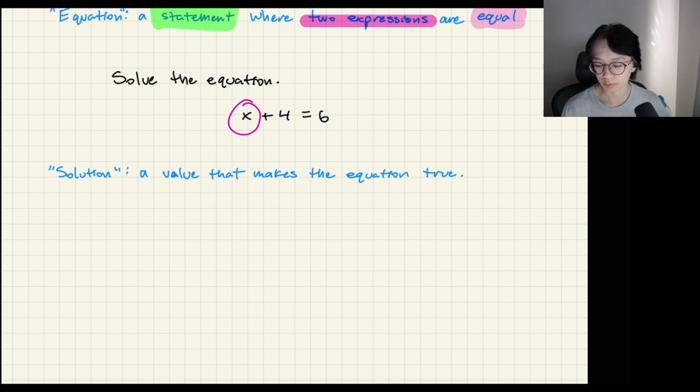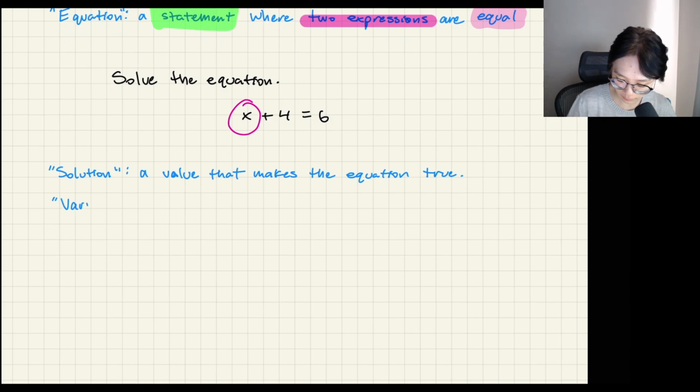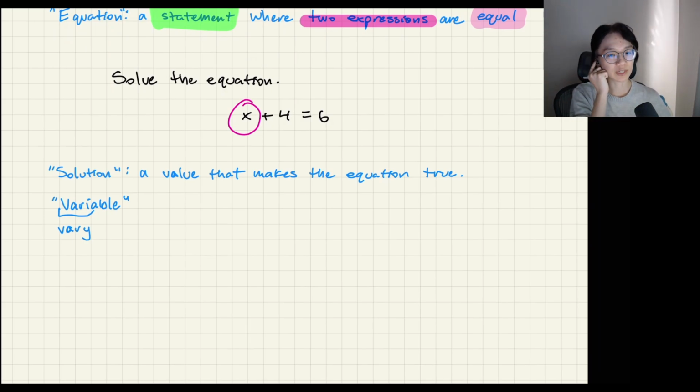What is a variable? Real quick, a variable is something that changes. It can vary, or it can change. Sometimes it changes, sometimes it doesn't. In math, it can be any symbol, not even a letter. It doesn't have to be a letter in the English language. It could be a cat instead.